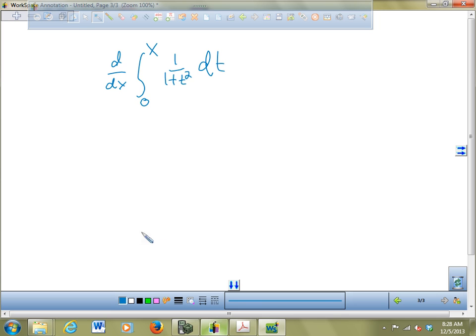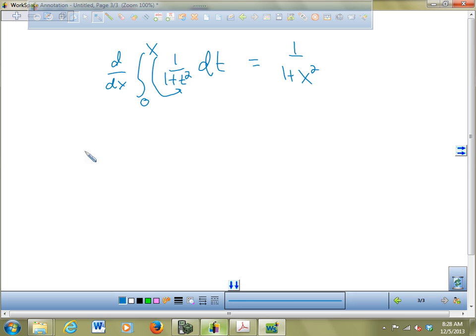And you say, aha, that looks a lot like something. What does that look like? Inverse tangent, right? Yes, that is the derivative of inverse tangent of t. But why do that? All I have to do is take this and plug it in here, and I get 1 over 1 plus x squared, and I'm done. So you don't have to go backwards and then go forwards. You just have to go forwards.